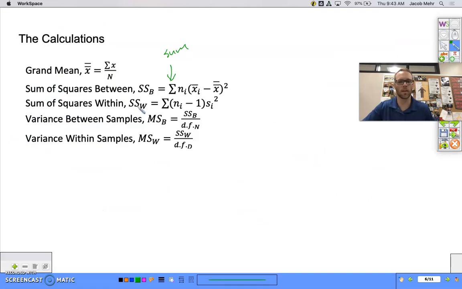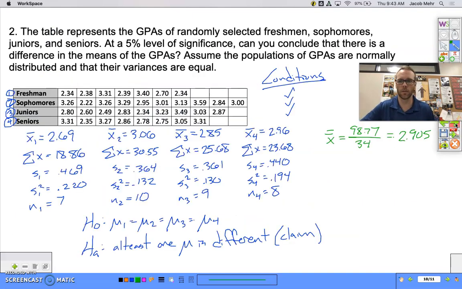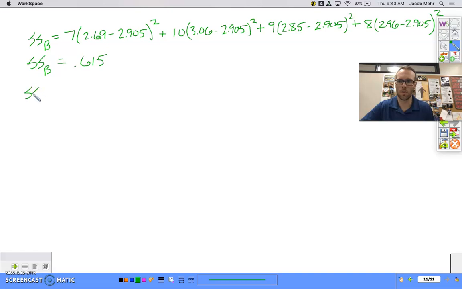Sum of the squares within. We have to take basically the degrees of freedom, the sample size minus 1, times the variance for each and add those together. So sum of the squares within.